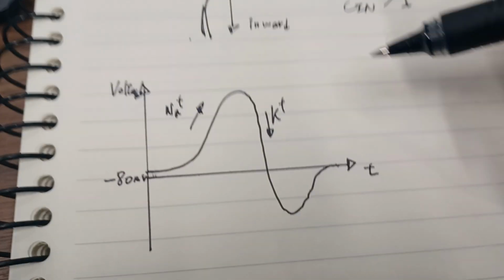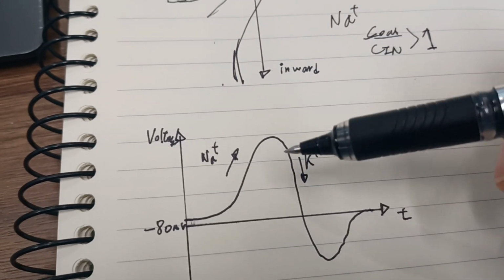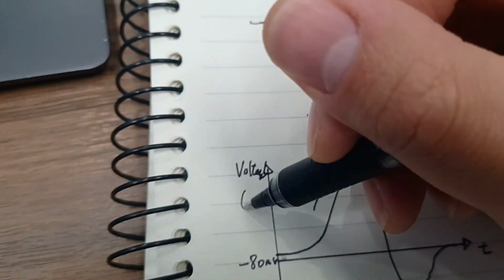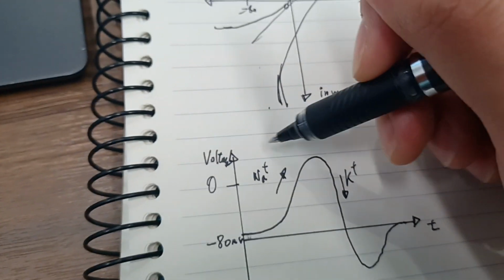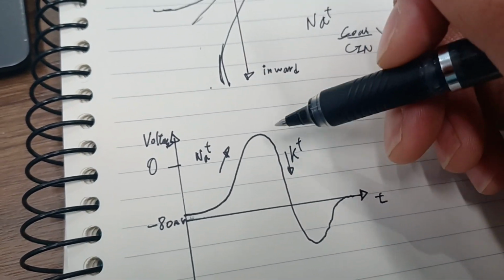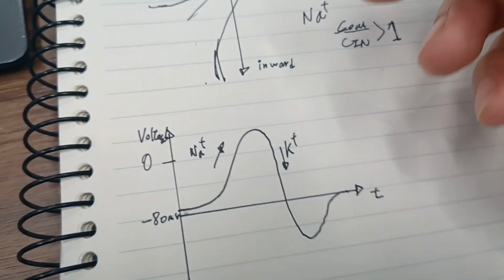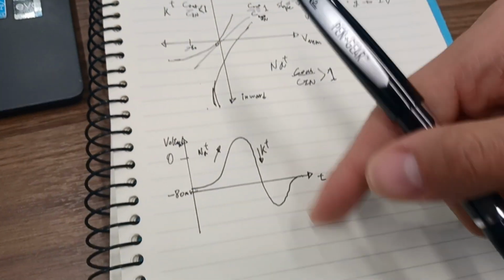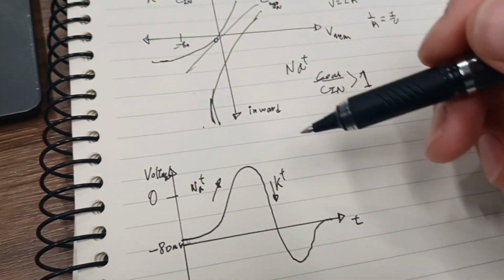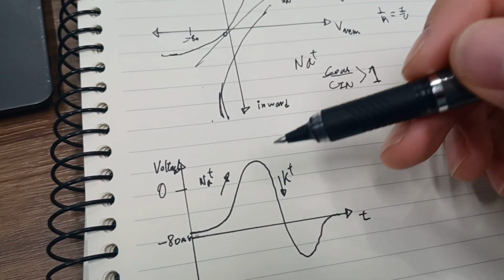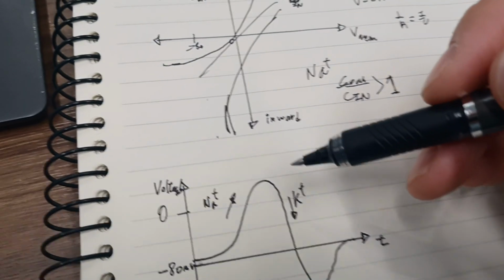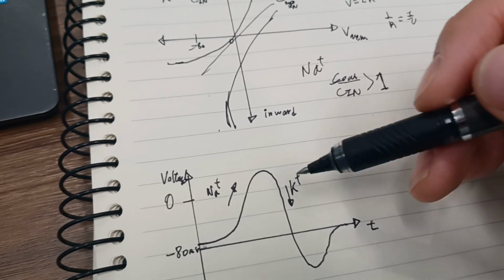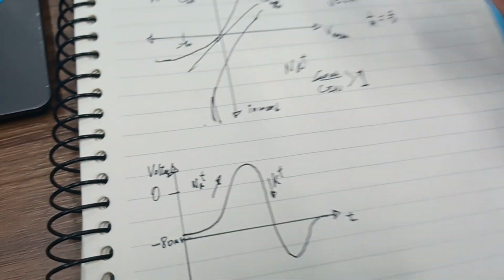We see that potassium comes down when the voltage is, let's just say this is 0, and from here it's positive. So when the membrane voltage is high, the potassium ions are acting and hyperpolarize the membrane voltage, right? So at this stage where the membrane voltage is positive, potassium has to have a higher permeability or conductance.